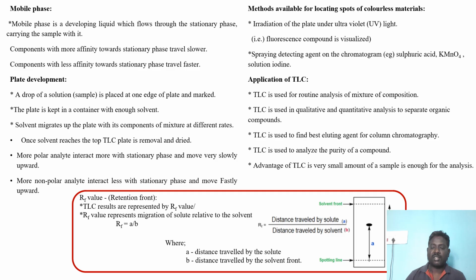So the analysis can be carried out with a minimal amount of sample. This is the advantage of thin layer chromatography over column chromatography. So this is where thin layer chromatography is helpful for carrying out organic reactions, or to separate, or to purify.